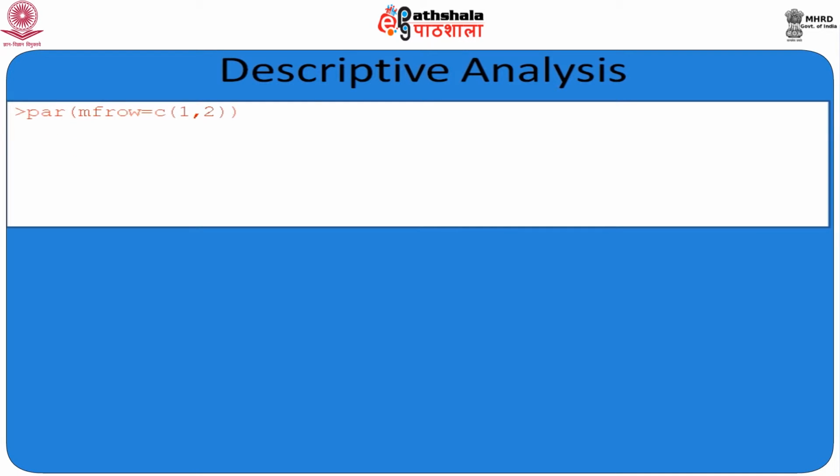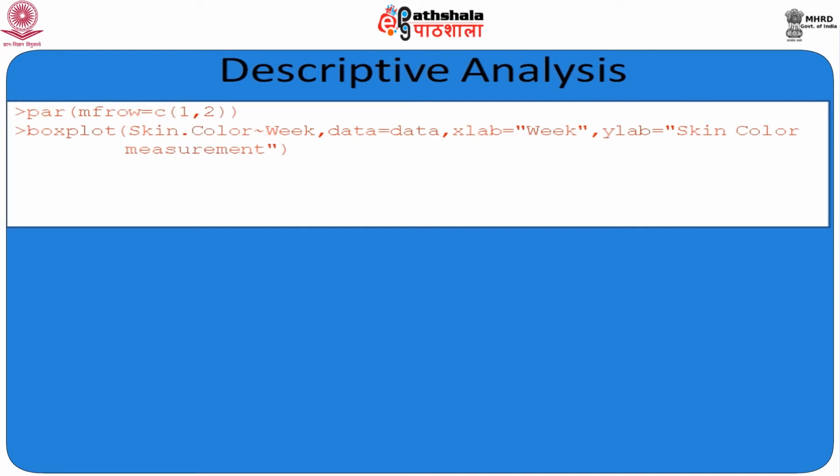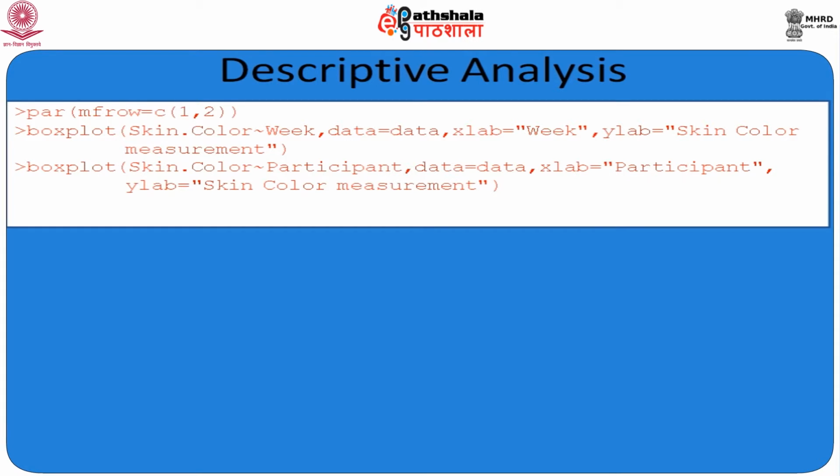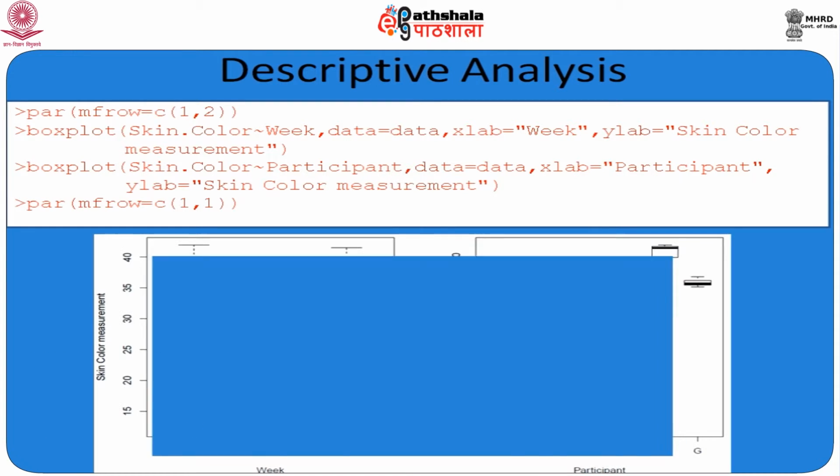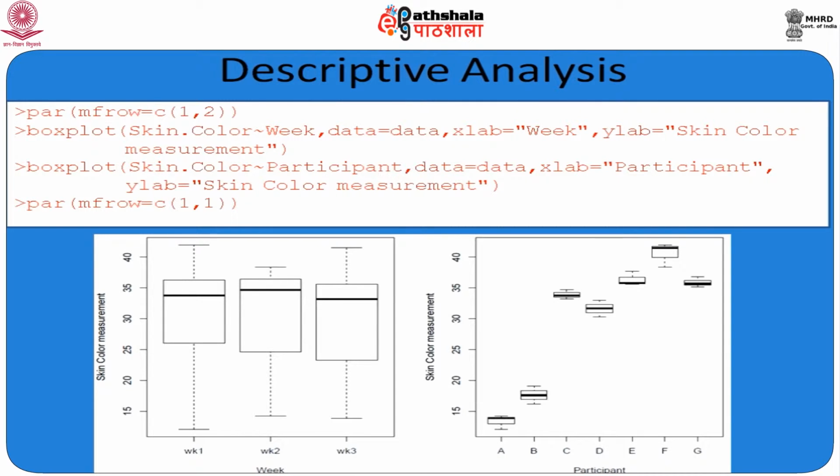Before I fit the mixed effect model, I look at the distribution of the data. The best way to visually get the distribution is the box plot, which gives a lot of information. In this data, the weekly variation is very mild and may not be significant, whereas the inter-personal variability is quite high.